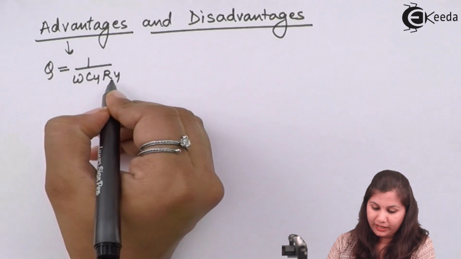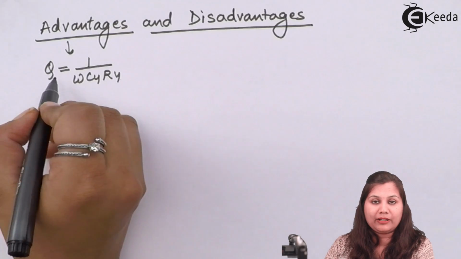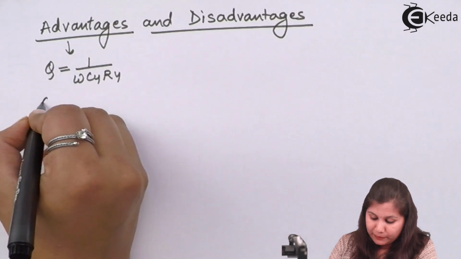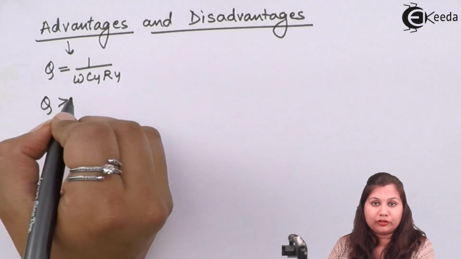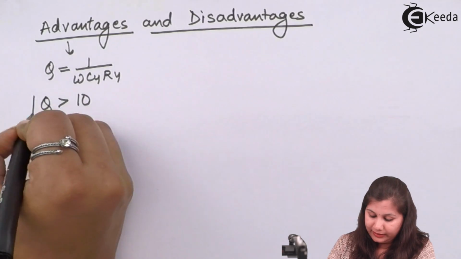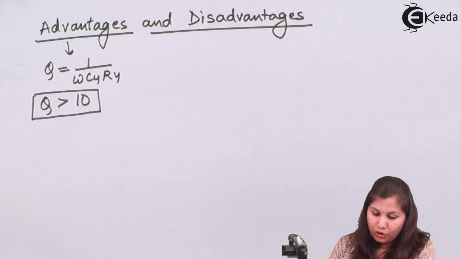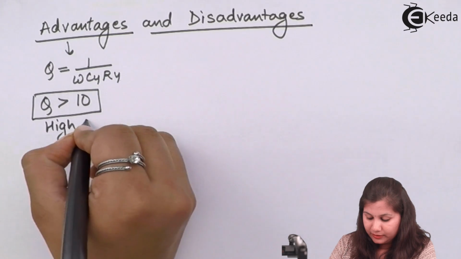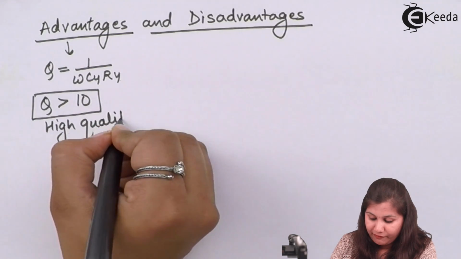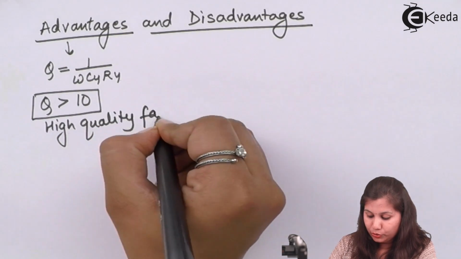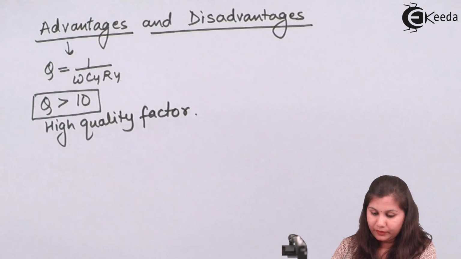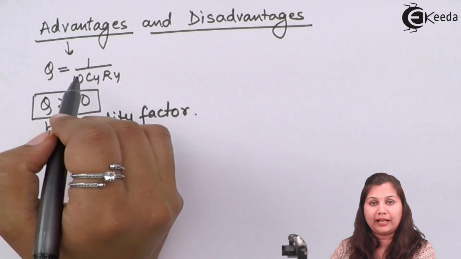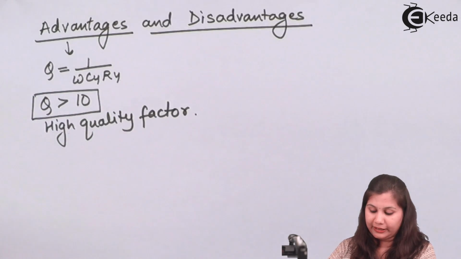If we know C4 and R4, we can easily put their values here and calculate it. This bridge is used to measure the quality factor of coils greater than 10, so the self-inductance of coils with high quality factor can be measured through this Hayes bridge.